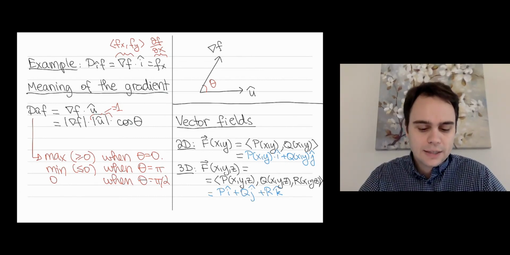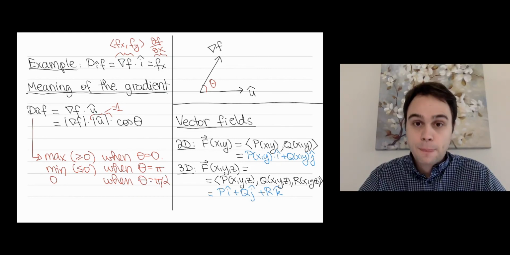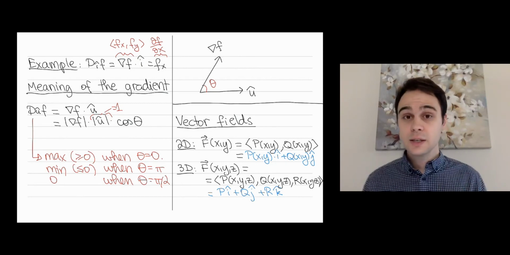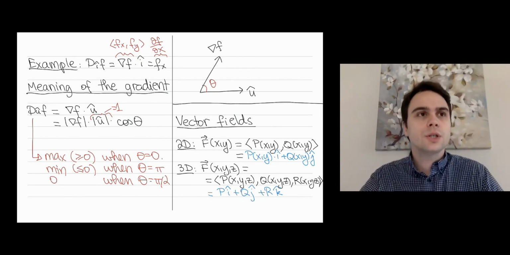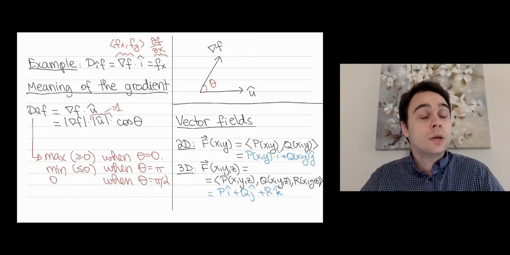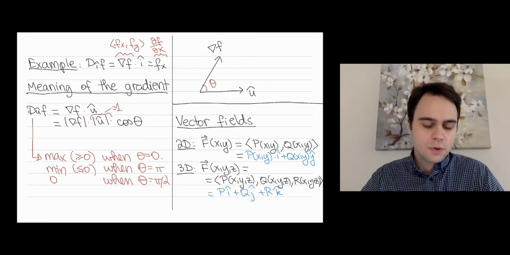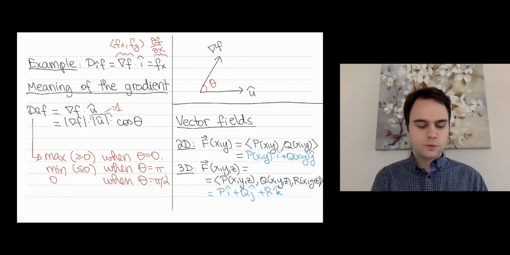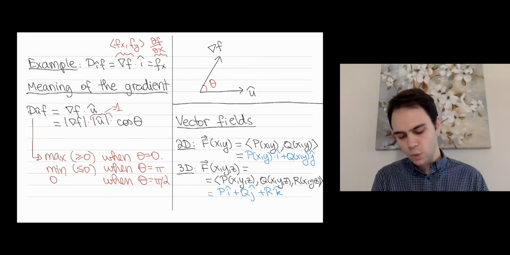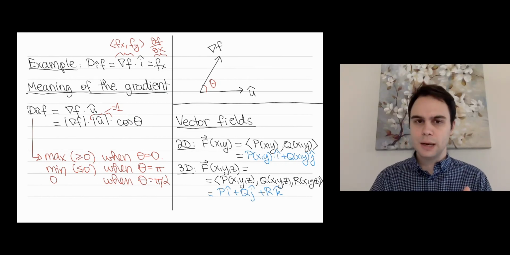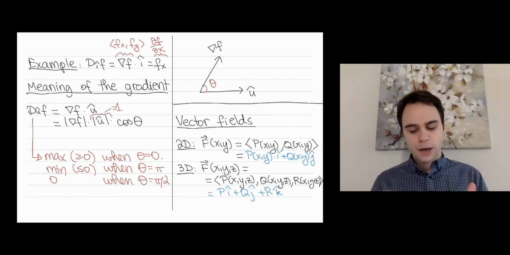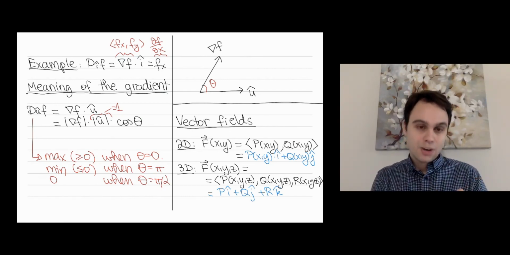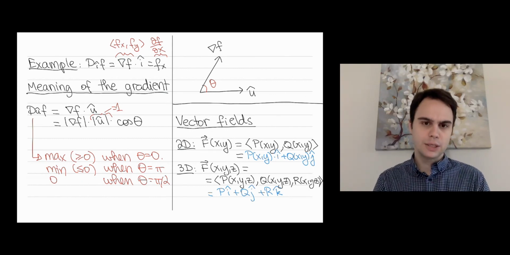Another important class comes from physics. For example, in fluid mechanics, if you're studying a fluid, one of the ways you can describe the fluid is by saying the fluid is occupying this region of space, and at each point in the region, you describe the velocity of the fluid at that point.